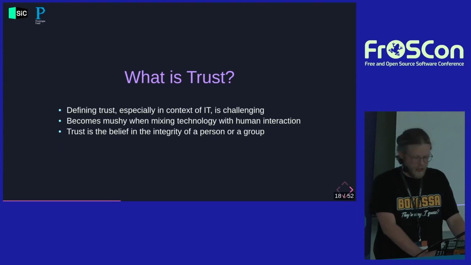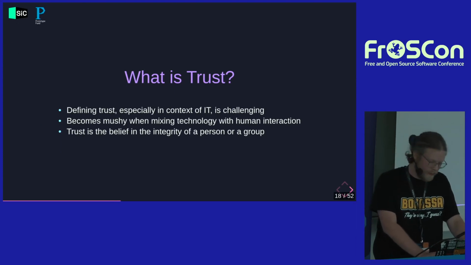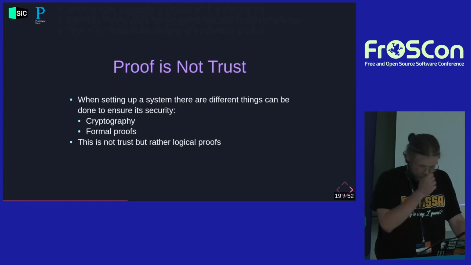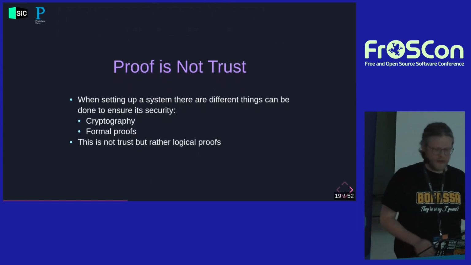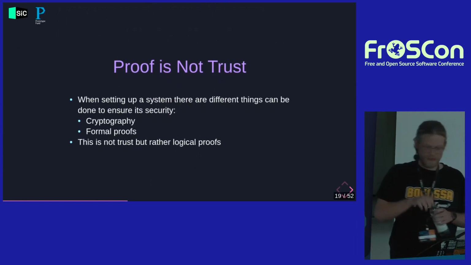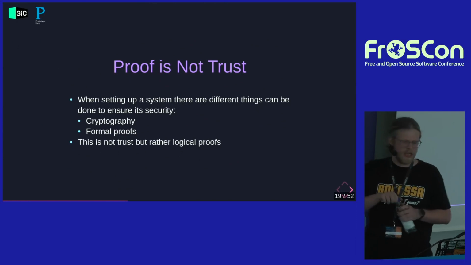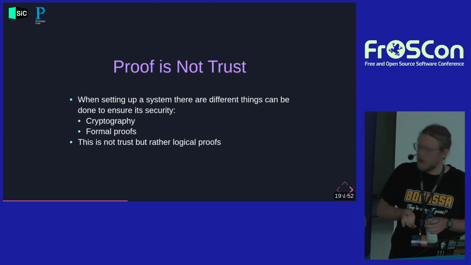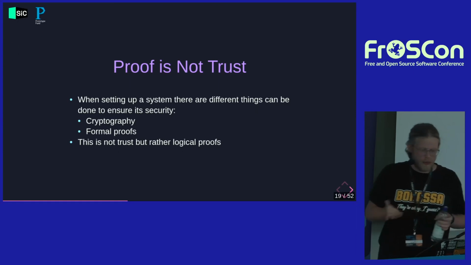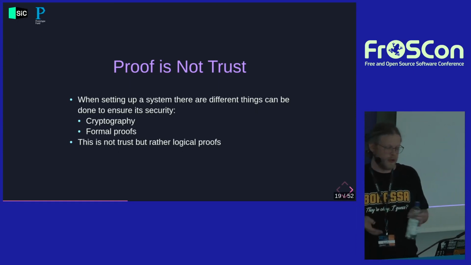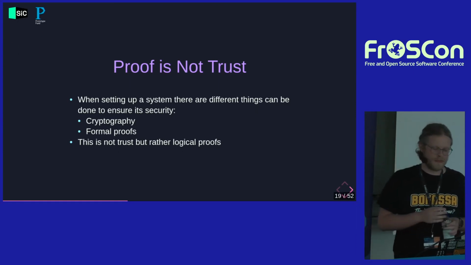And I especially take the technological context out of here because there are some different ways to set up a system securely. Some prominent ones are cryptography, so we can use cryptography to prove the persistence of properties.